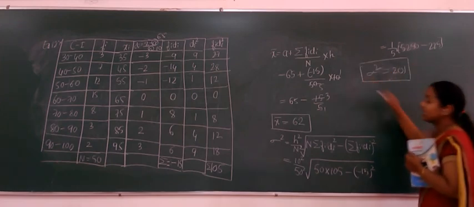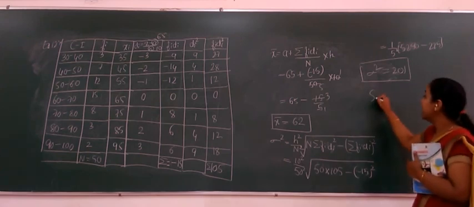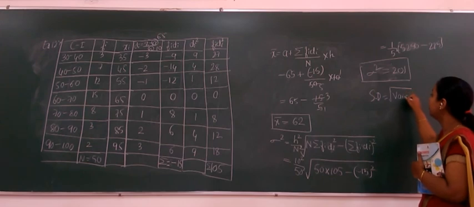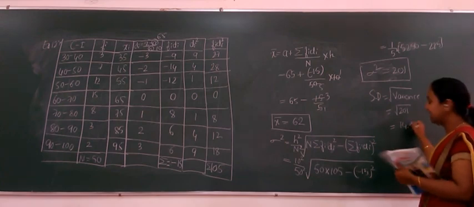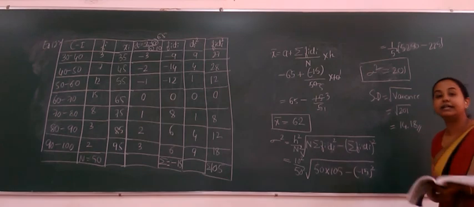So even in our example 10 we got the variance as 201, and our standard deviation is the square root of variance. So what is the square root of 201? Which had turned out to be 14.18. So this is our standard deviation.